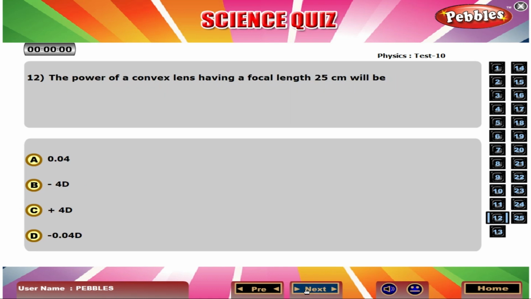The power of a convex lens having a focal length 25 centimeters will be C. plus 4D.